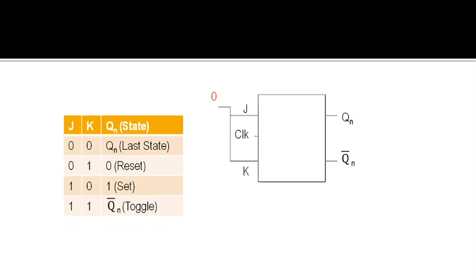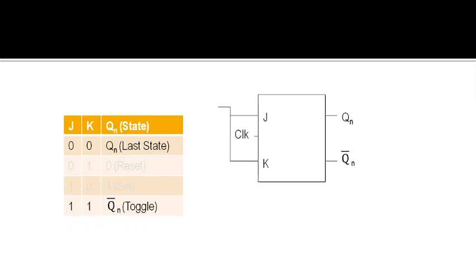If we provide 0 at this terminal, this 0 will travel to both J and K ports, or we can provide 1. If we provide 1, this 1 signal will travel to both the J and K ports. So it's never possible that we provide a 0 1 or 1 0 combination.